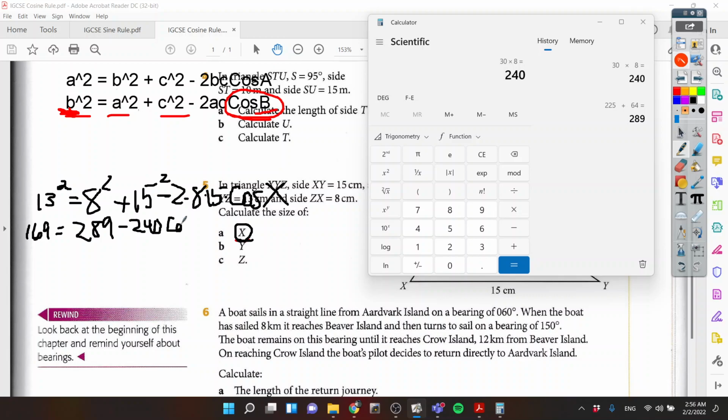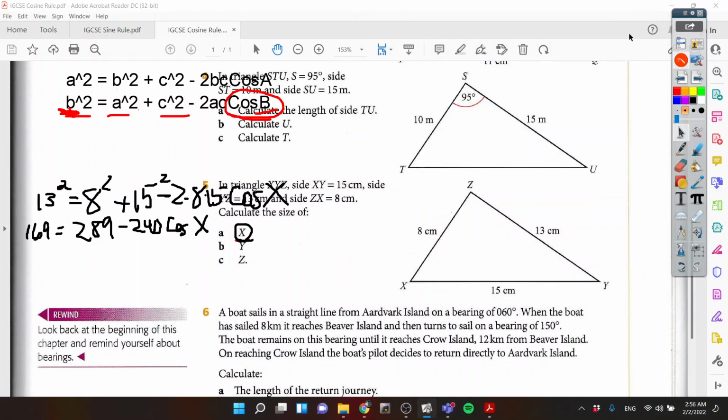So there was one time before, I forget which topic it was, but one time before the Lammas law came up. Kerry Lammas is a guy I used to work with, and he says the Lammas law is when you look at an equation and you see something weird, you always get the weird stuff alone. This thing is weird. So I'm going to subtract 289 to the other side, and then I'm going to divide by 240 next.